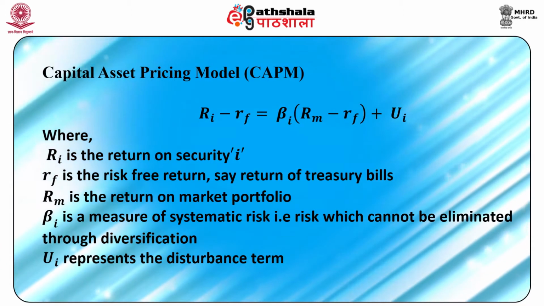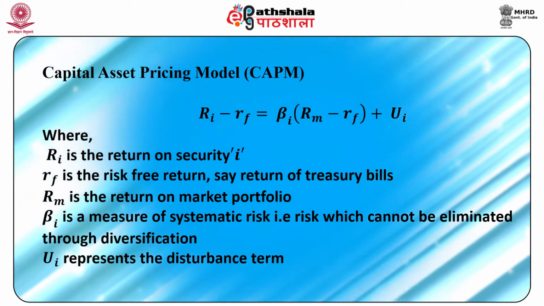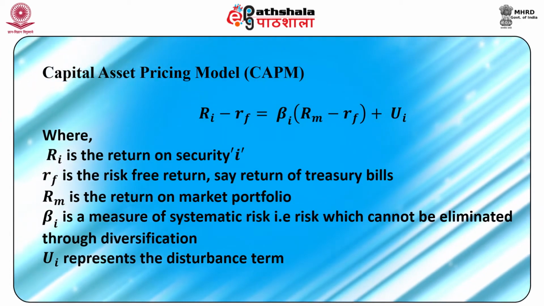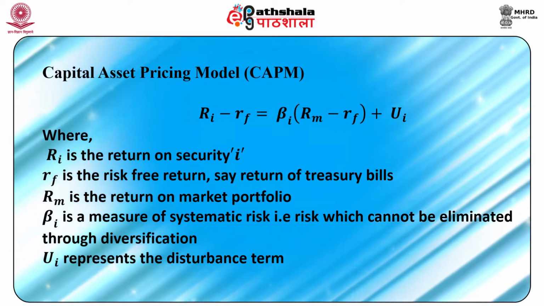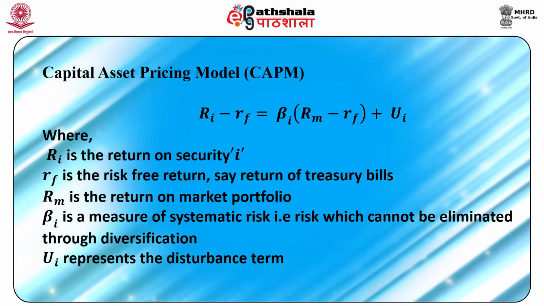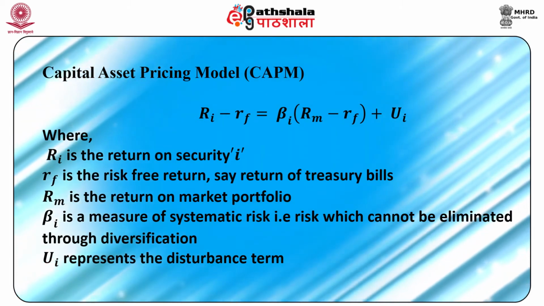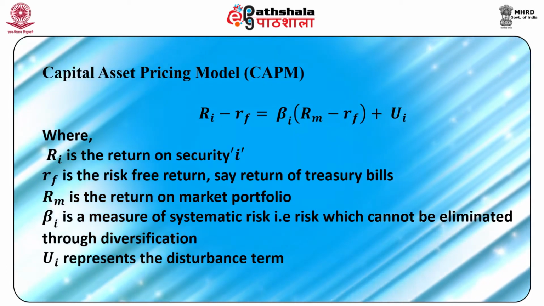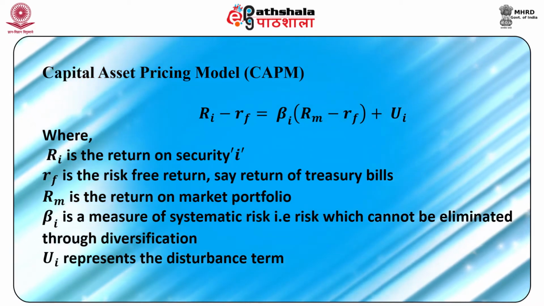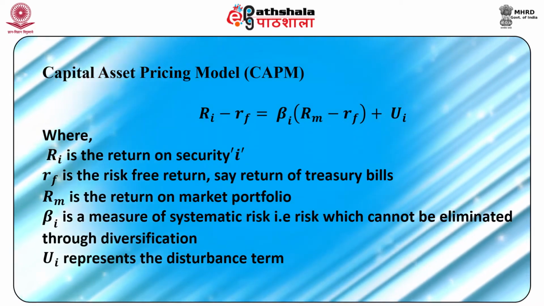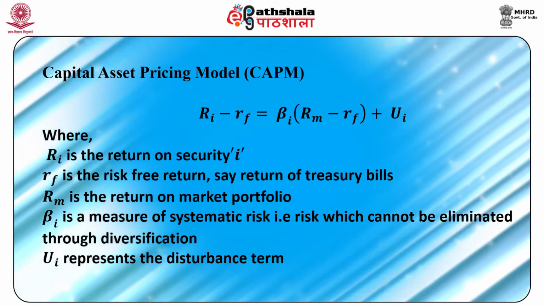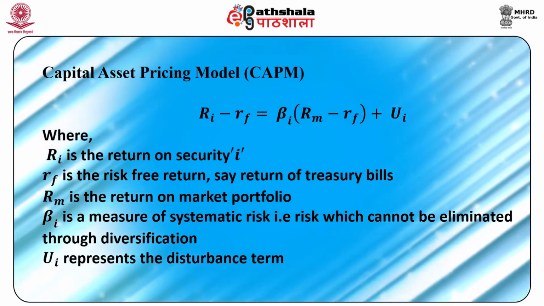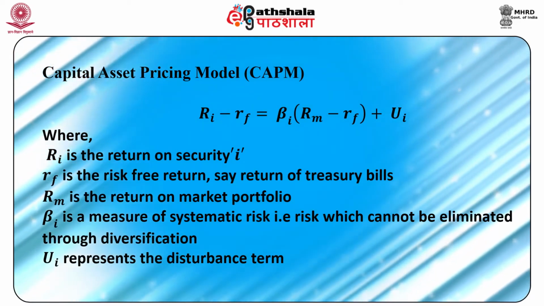Now let us take an illustration to understand the application of the model which is through the origin. Now consider the capital asset pricing model, also known as CAPM, of modern portfolio theory, which states that if capital markets work efficiently, then security i's expected risk premium, which is defined as ERi minus Rf, is equal to that security's beta coefficient times the expected market risk premium, which is denoted as ERm minus Rf.